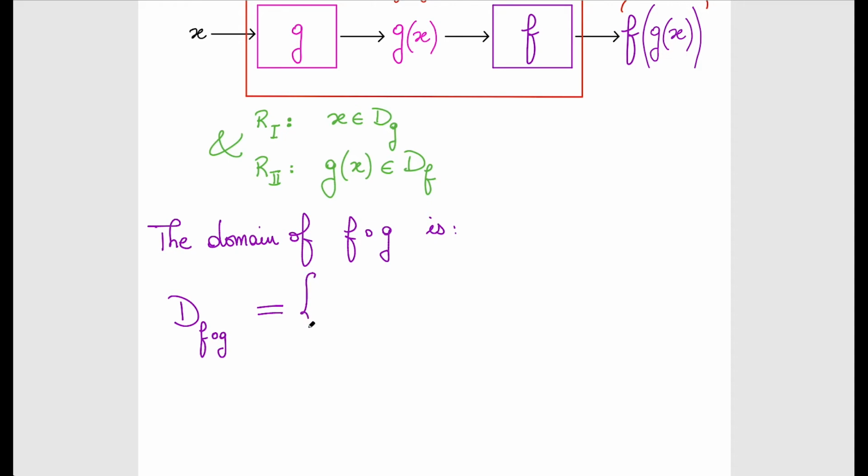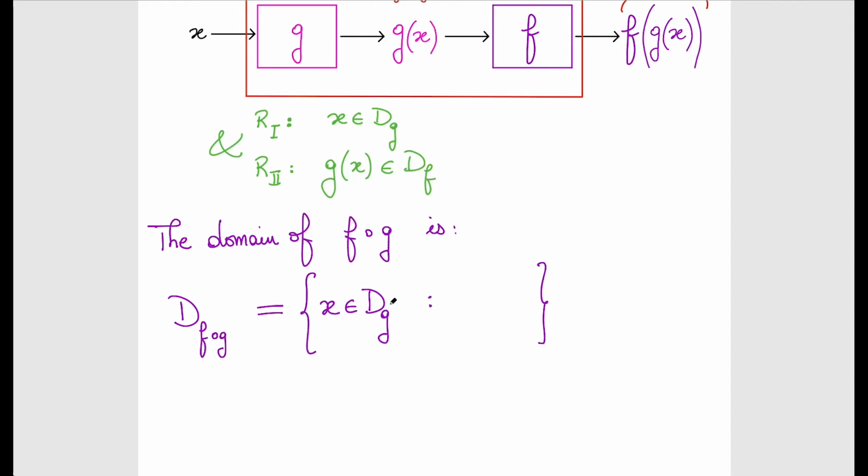It's the collection of all numbers, let's call them x, that live in the domain of g, right? So this takes care of condition 1, such that among these I wanna only retain those which allow me to say that g of x is also in the domain of f, right?